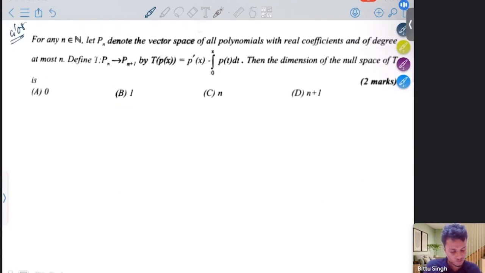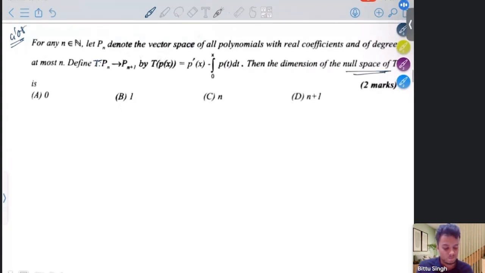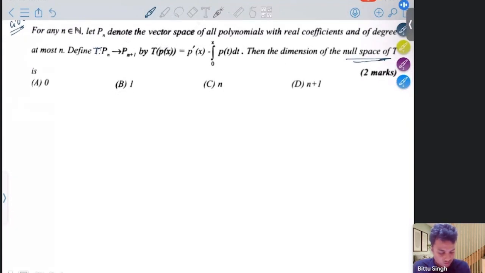Here Pn is the space of polynomials with real coefficients of degree at most n. Now there is a map T which maps Pn to Pn plus 1, some kind of integration with a mixed derivative. We need to find the null space of T. So let p belong to the null space, that is kernel T. Null space and kernel are the same.